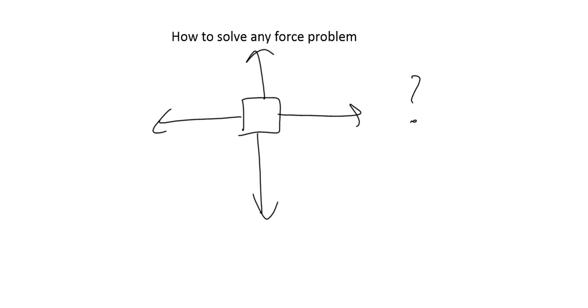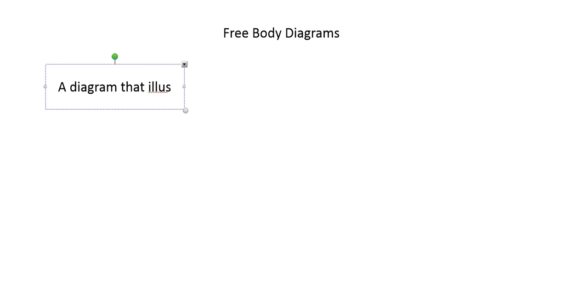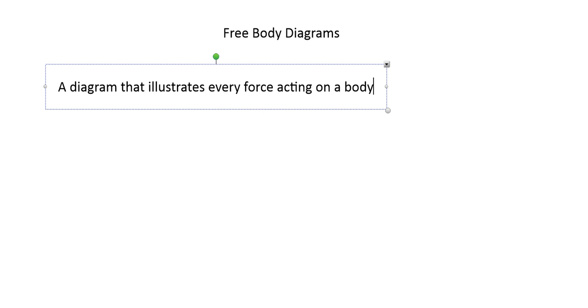Now you saw me sketch a really loose one here. This obviously has no forces labeled or anything of that nature. But a free body diagram is a diagram that illustrates every force acting on a body. And why is it important?